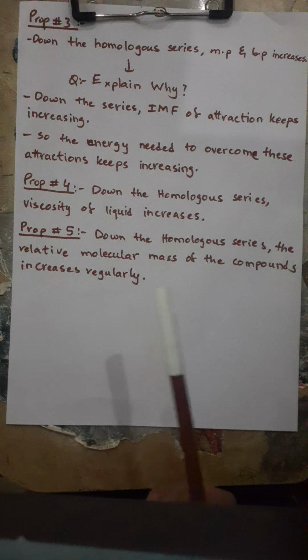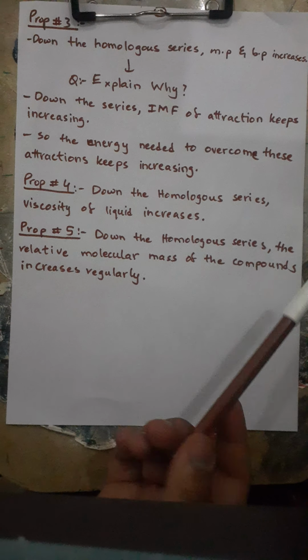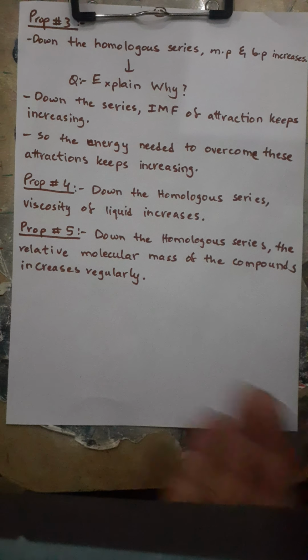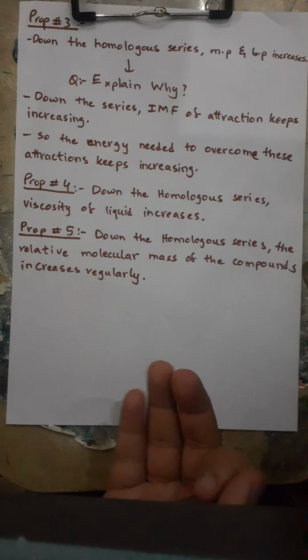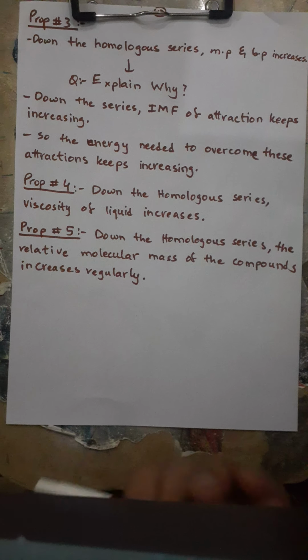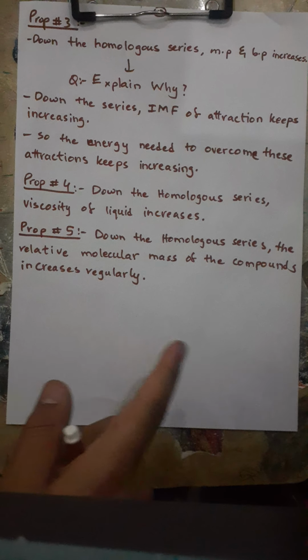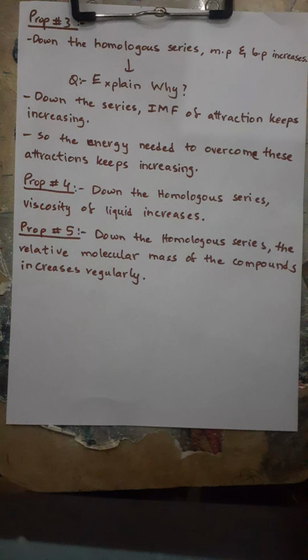We know that the number of carbon atoms increases, due to which the number of hydrogen atoms increases. So as a result, if we calculate the molecular mass of the organic compounds, it increases down the homologous series.